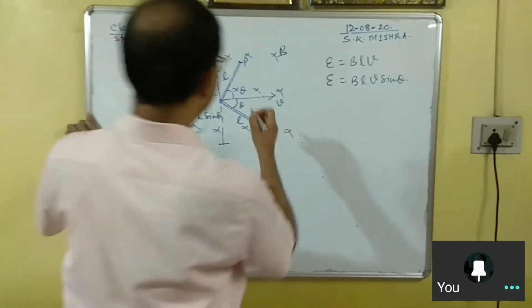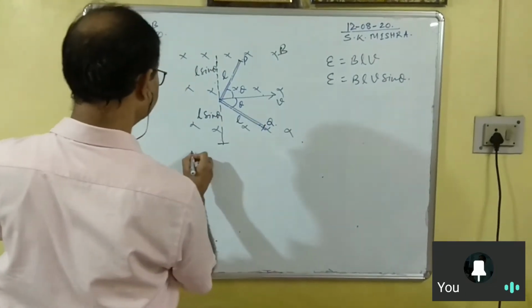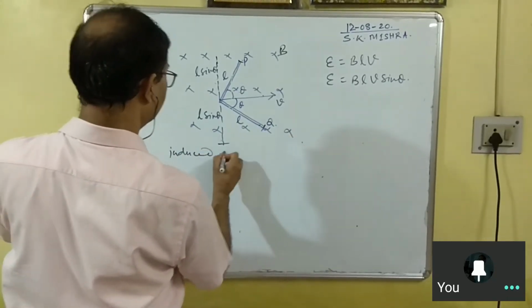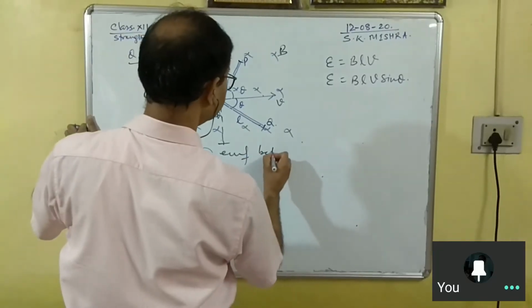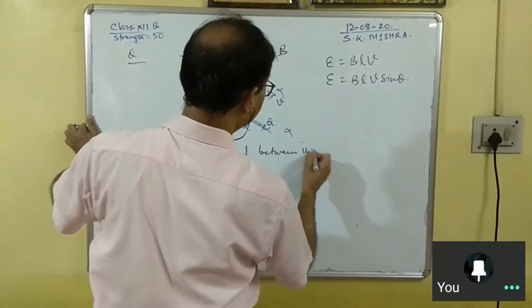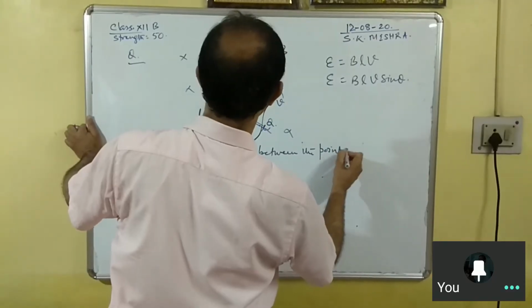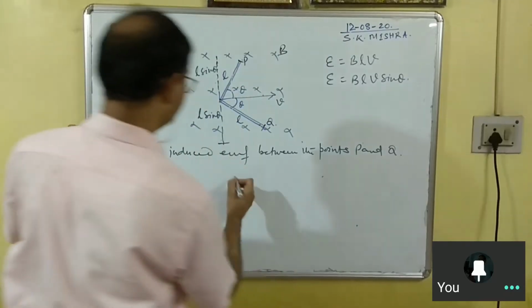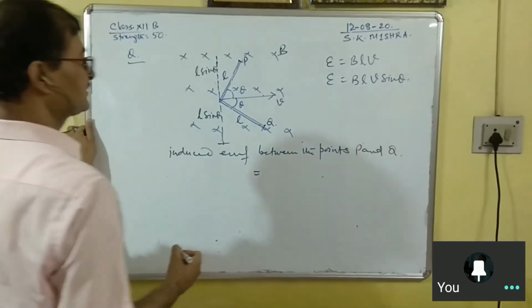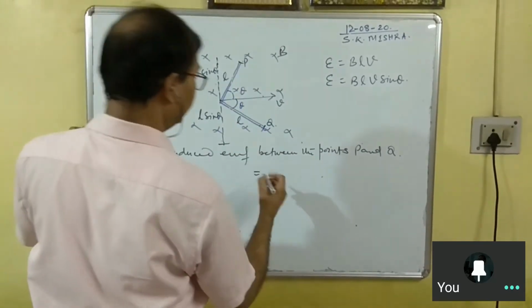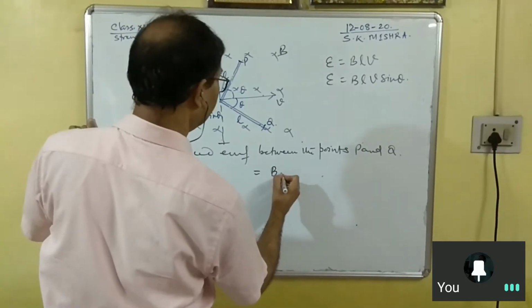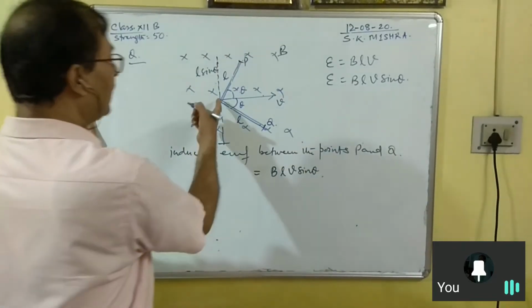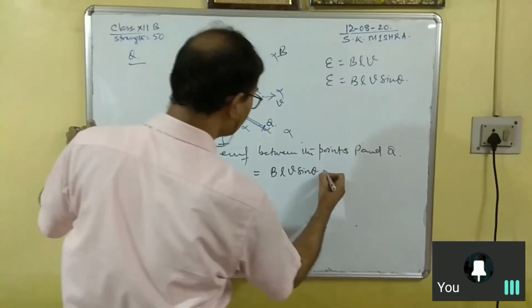So the induced EMF between the points P and Q: for this part it is BLV sin theta, and for the lower part this is also BLV sin theta.